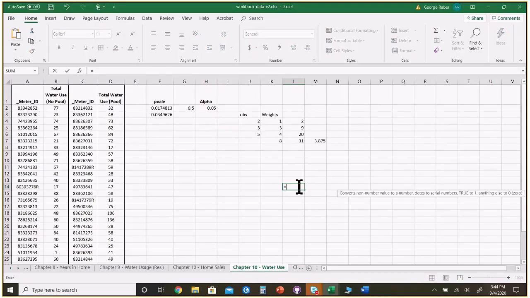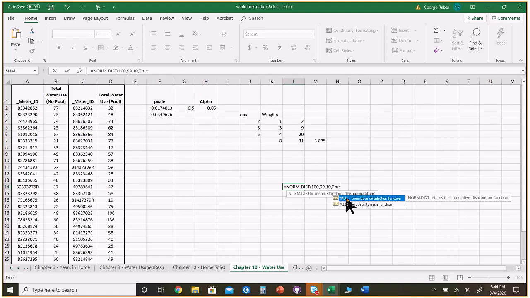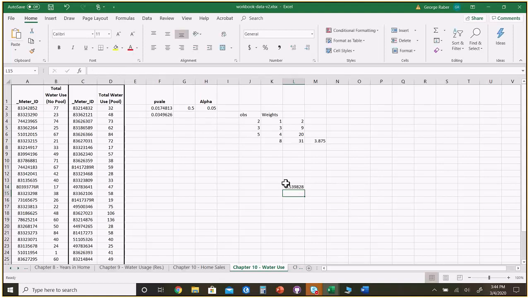So it's equals NORM.DIST, the value. In my case, the value was 100, the mean was 99, the standard deviation is 10, true. So I need to know how to turn that value, which is a probability, into the answer to my question.